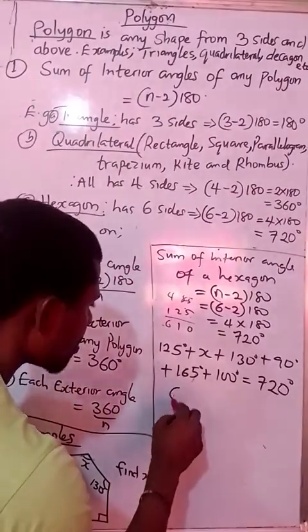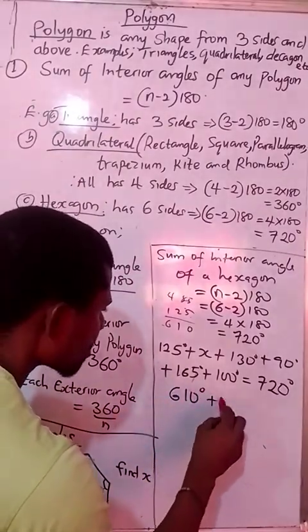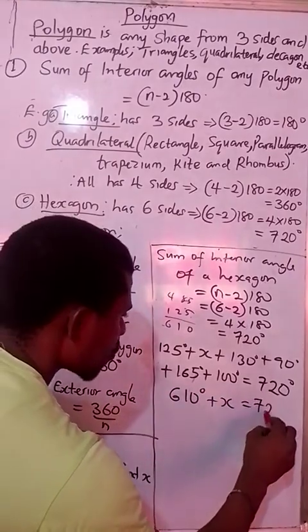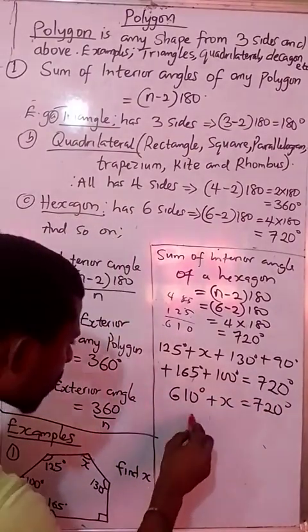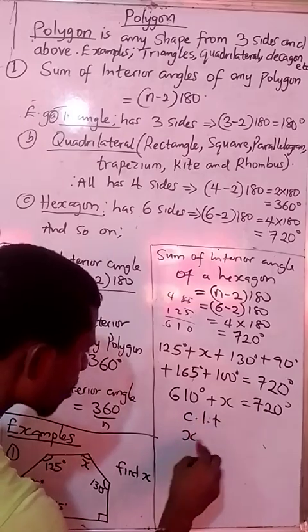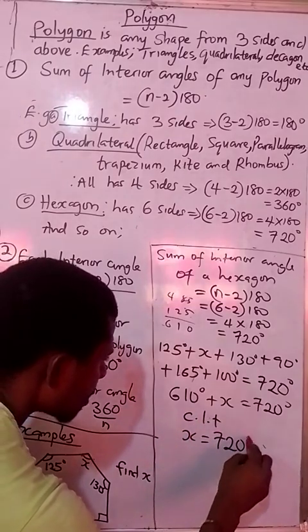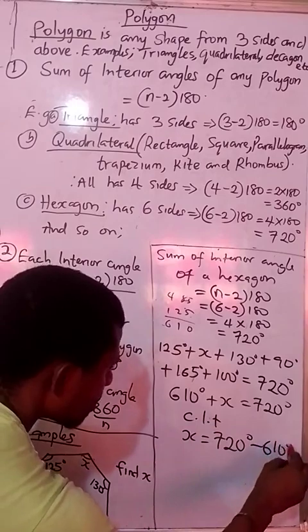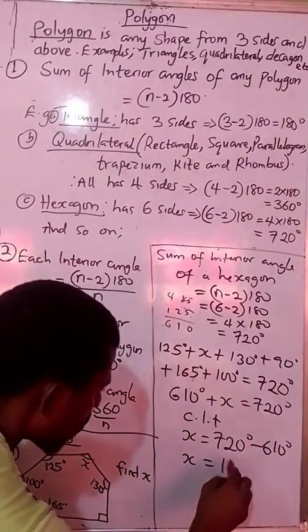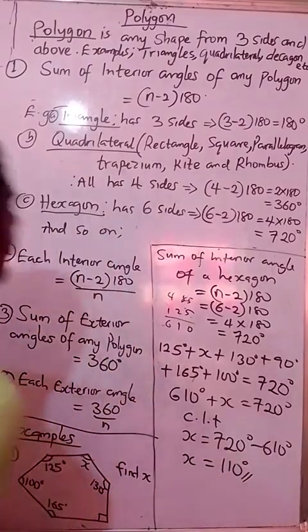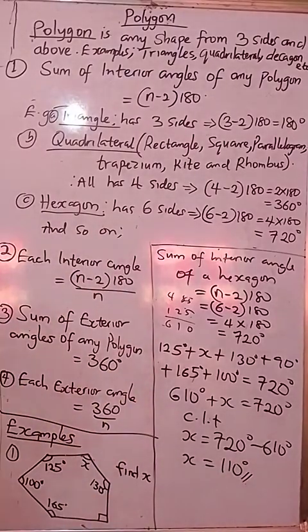So 610 degrees plus x equals 720 degrees. Therefore, collecting like terms, x equals 720 degrees minus 610. Therefore, x equals 110 degrees. So that's the answer.